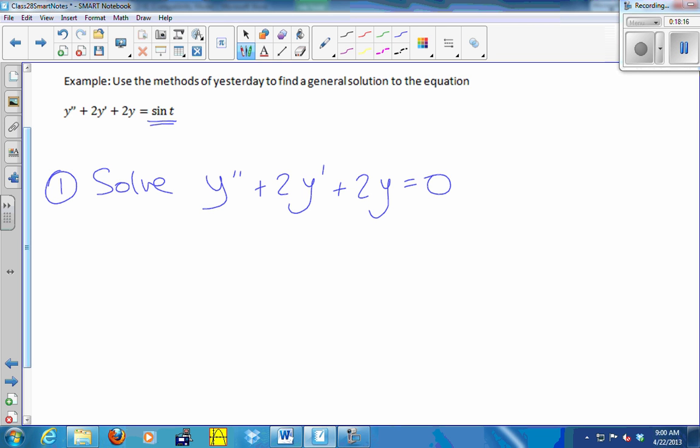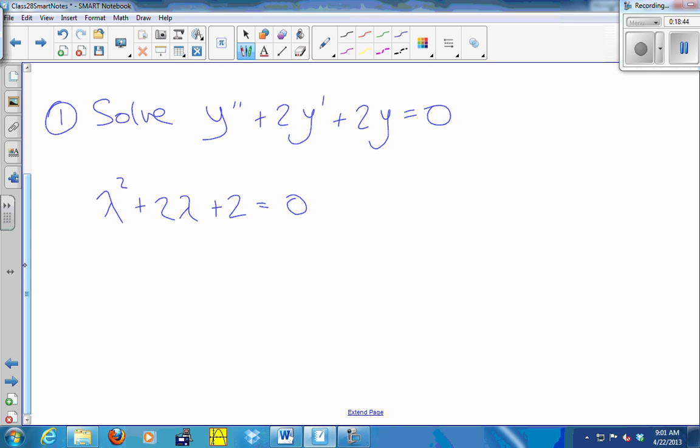So what should I do first? Yep, we'll find the eigenvalues by writing down the characteristic equation. You can write it down right from the differential equation. This factors to lambda plus 1... nope, it doesn't factor, so I have to use the quadratic formula.